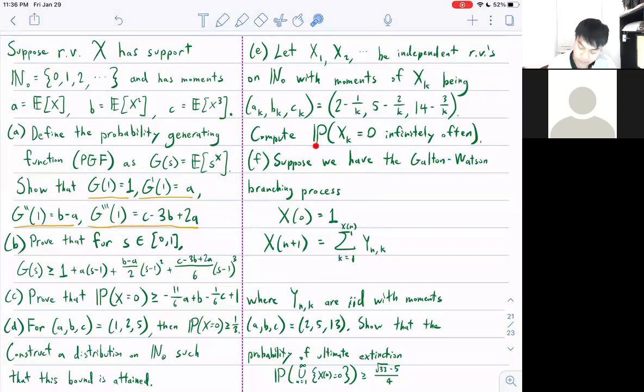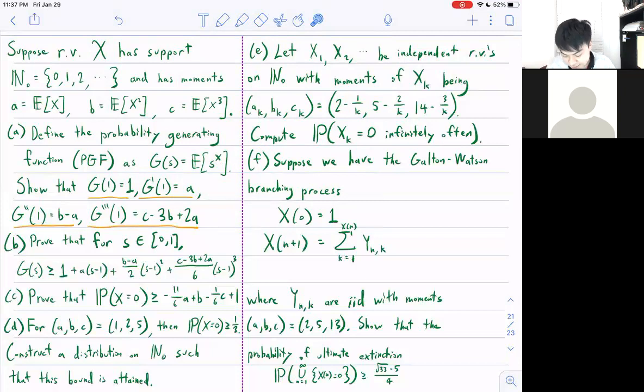I now want you to compute the probability that the random variable equaling 0 occurs infinitely often. This is again a slightly more difficult version of the problem presented in the exam, where they were asked to prove that this probability equals 1. So you know what the answer is, and you try to get to that answer instead of trying to find the answer in the first place.